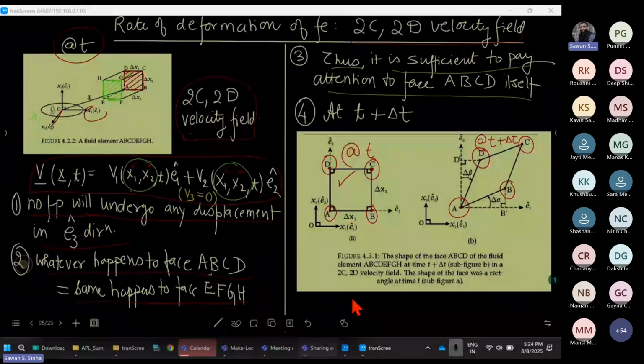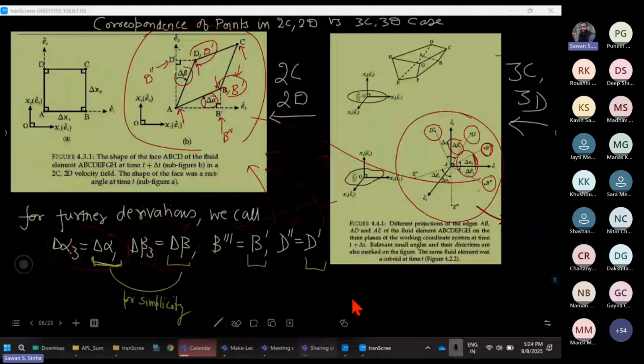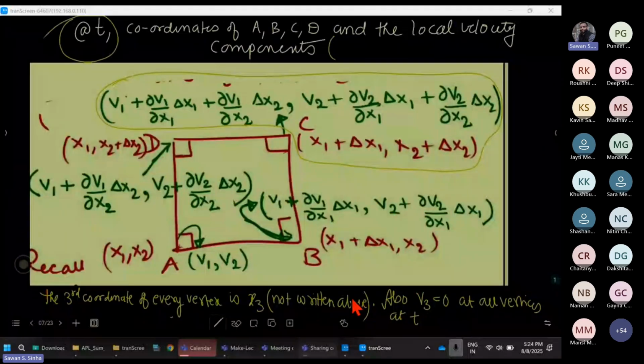I talked about it in the morning class also. To get the coordinates of these 4 points, I need the original coordinates of these 4 points and their local velocity. That's what I have written here, again using Taylor series approximation. At time t, coordinates of A, B, C, D and the local velocity components at time t.